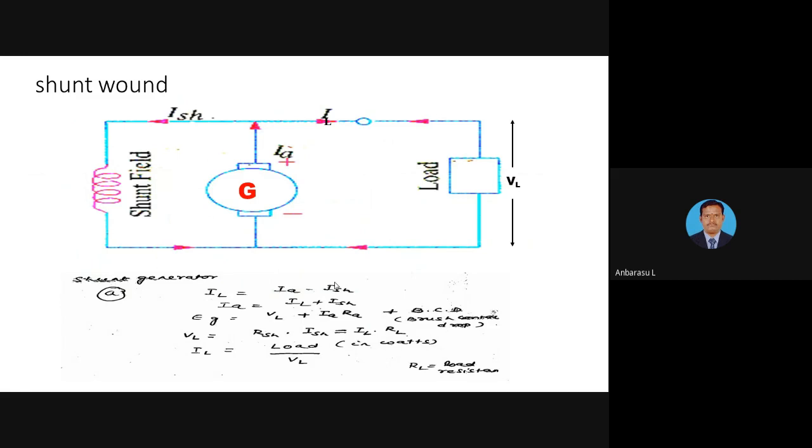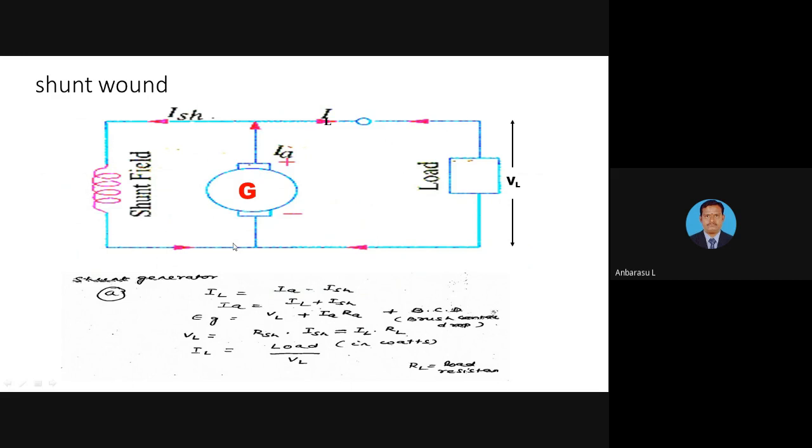So the next one is the self-excited DC generator. One type is the shunt wound DC generator. Here the shunt field winding and armature winding are connected in parallel, so both arrangements are connected in parallel with the load circuit. You can apply Kirchhoff's current law: IA equals IL plus IS.